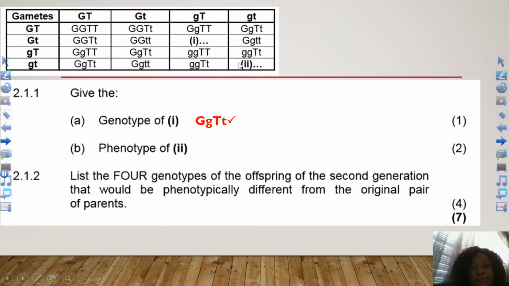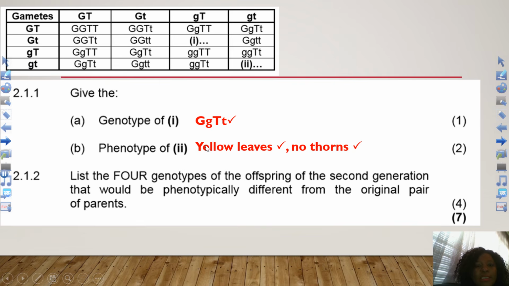Firstly, before we can determine the phenotype, we have to know what was the genotype of that offspring. So that genotype would have been small g, because we are combining this one and that one. So it would have been small g, which is recessive for the leaf color, as well as small t.